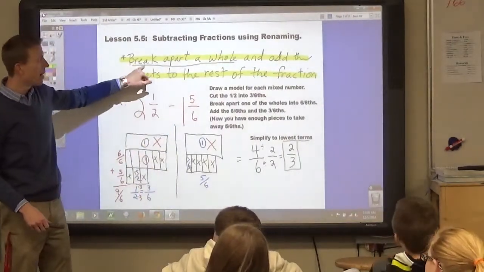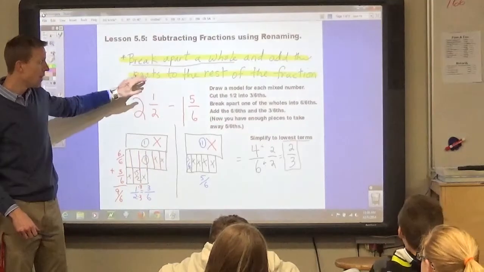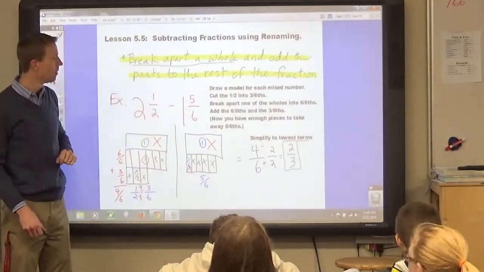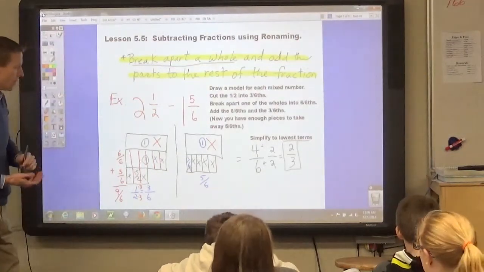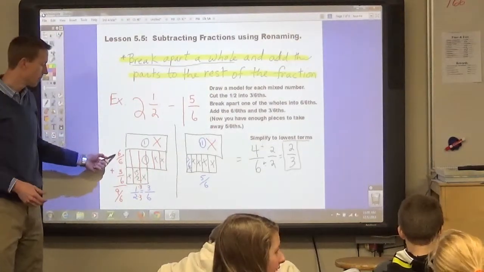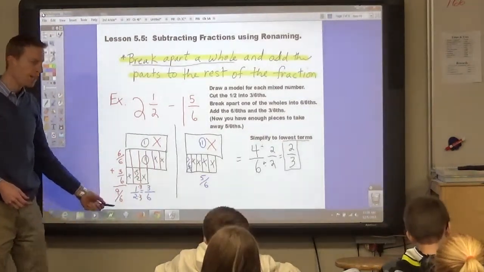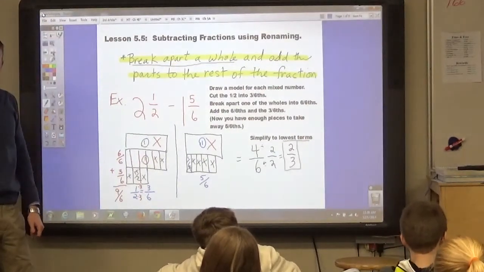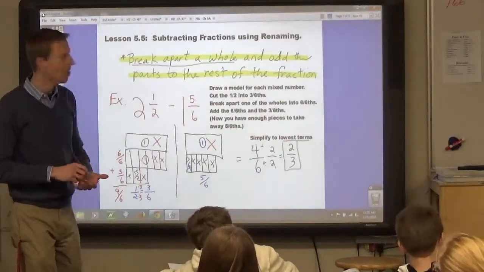We have to break apart one of the wholes and then add those pieces to the pieces that we already have so that we can take away the right number. 6/6 plus 3/6 is 9/6, and then we can take away 5/6. Right? Remember doing this? Yeah. All right, good.